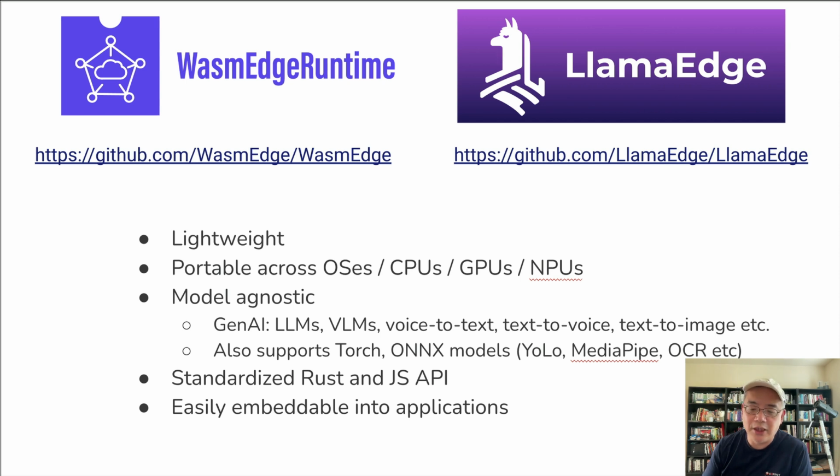So you just write applications according to a spec, and then compile that application. And then the binary application in WebAssembly, or Wasm, would be able to know which underlying GPU it calls, right? So if it runs on the Mac, it's going to call the M1, M2, M3, M4 GPU. If it runs on an NVIDIA device, it's going to call the CUDA GPU.